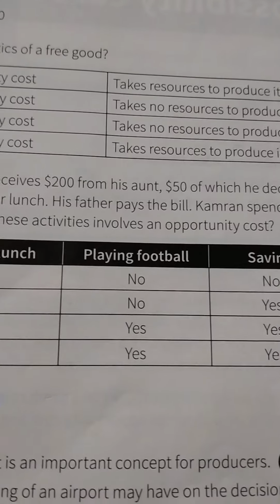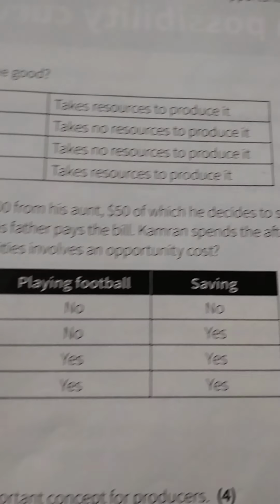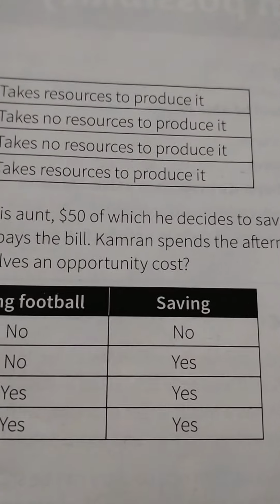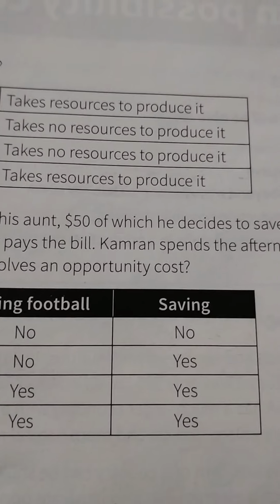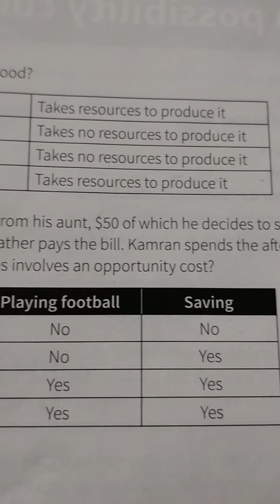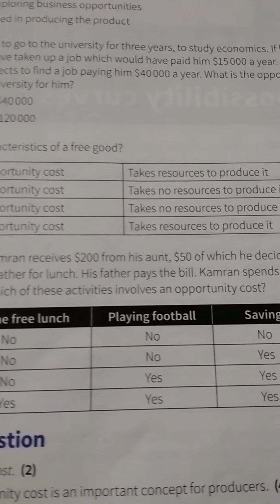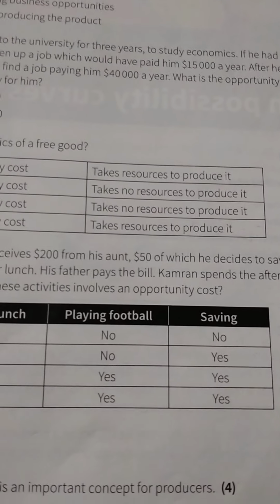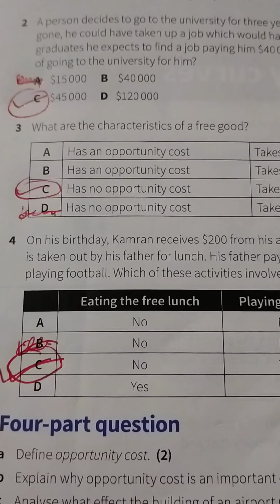But he loves to play football, so he did it. There is an opportunity cost of it. Savings, yes, he's saving that amount. He could have spent that amount of money on something else. And that is why we will pick C as the option for question number 4.